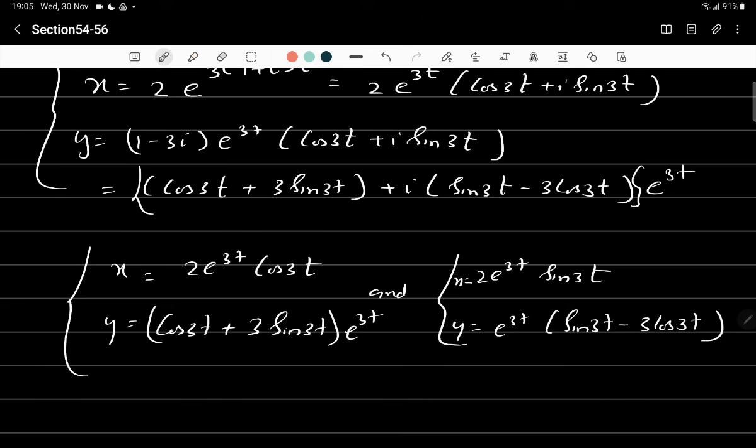So these are the two required linearly independent solutions. Now if you consider their linear combination, that gives you the required general solution.